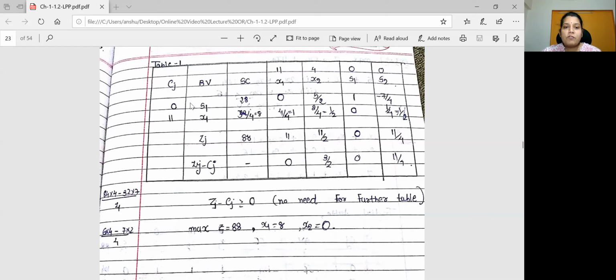Minus 7 by 4 into 0 plus 1 by 4 into 11, sorry, so 11 by 4. So all these values are Zj.